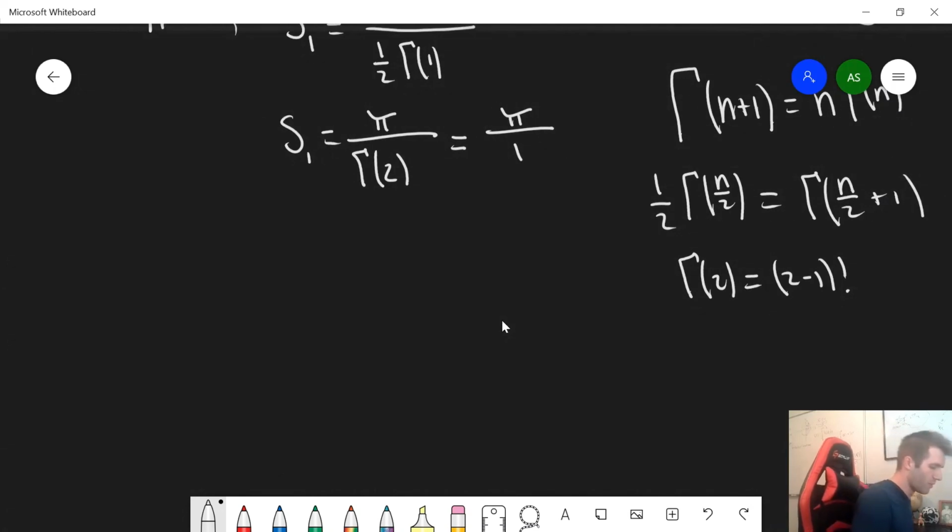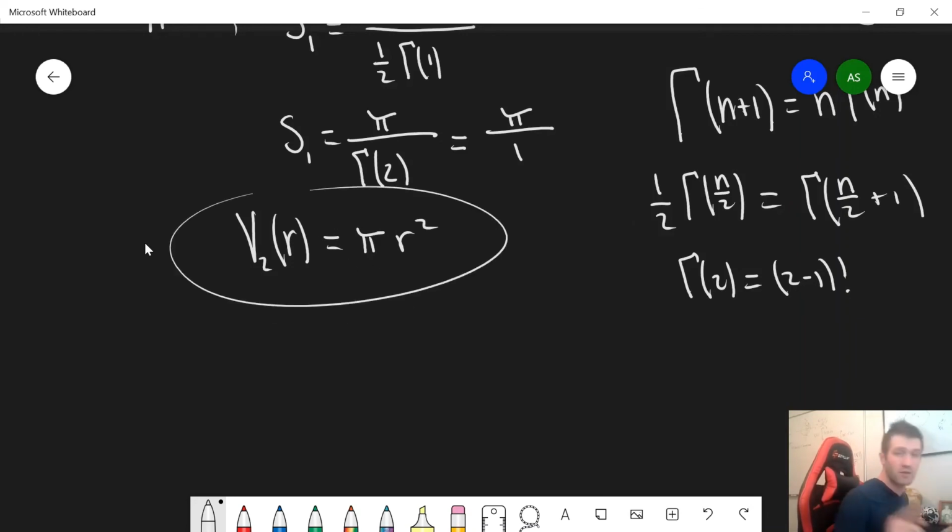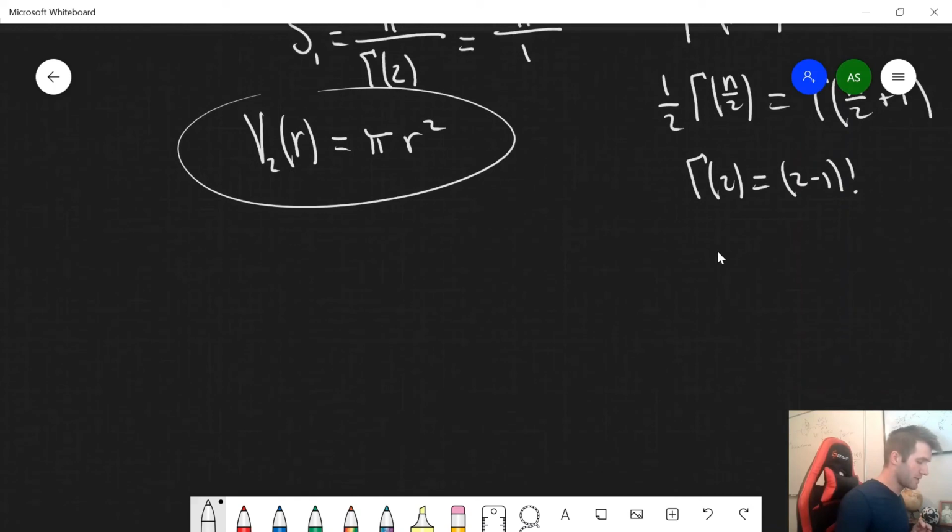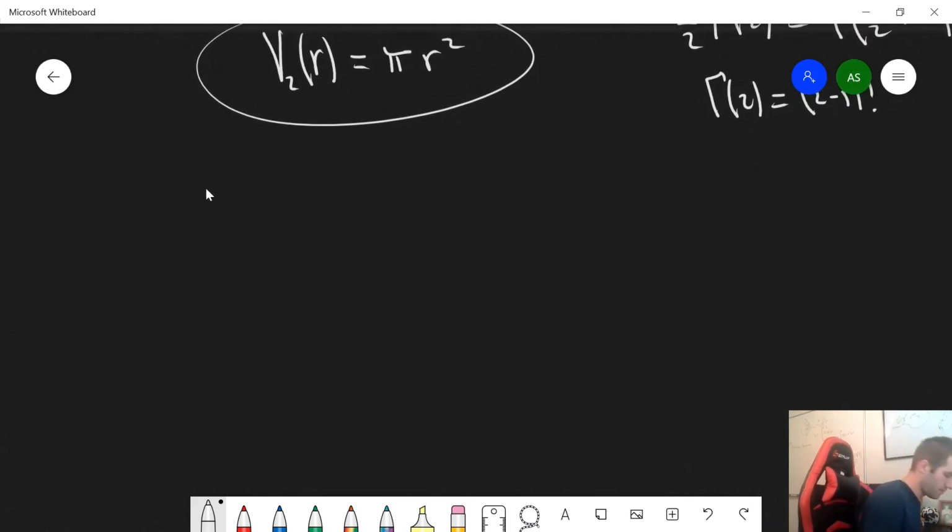But remember, we want volume. So the volume V sub 2 as a function of r is going to be equal to pi r to the nth power, n is 2, r squared. Great. Also consistent. Now, let's move on to V sub 3, or n equals 3, that is.